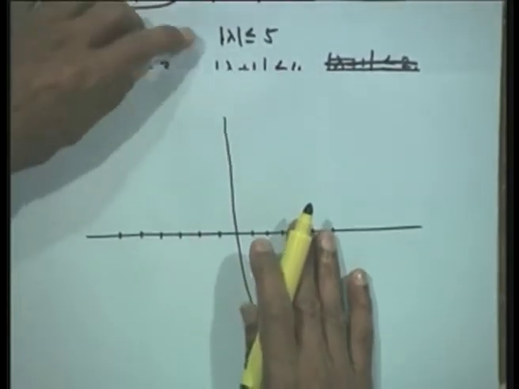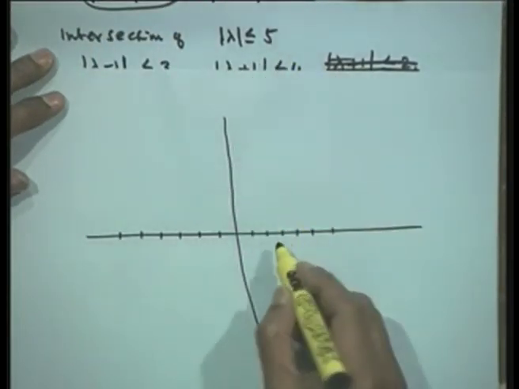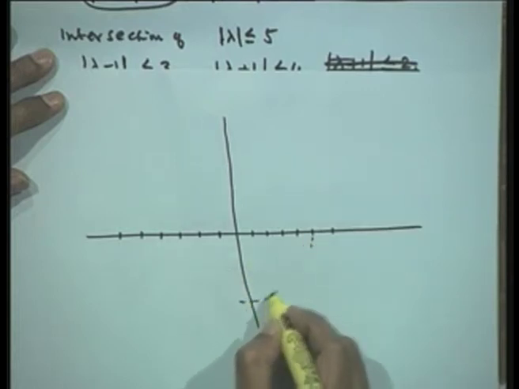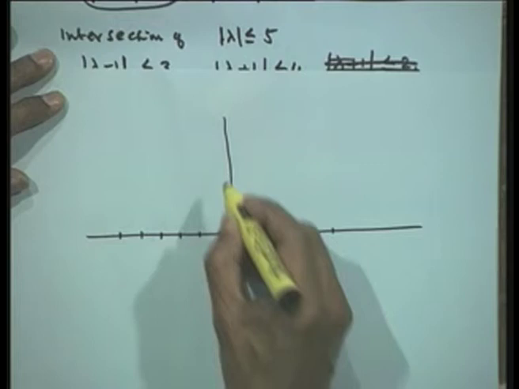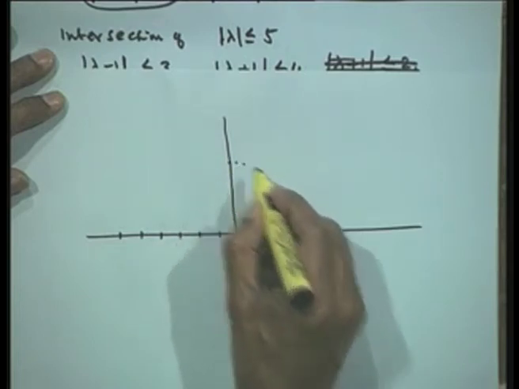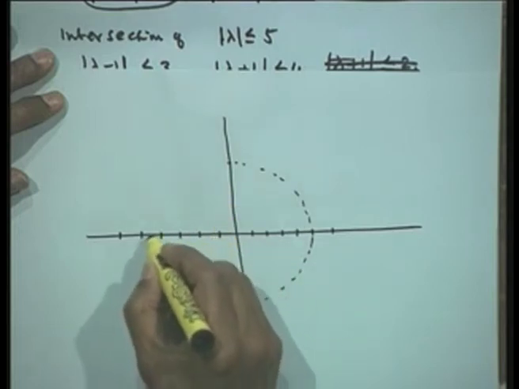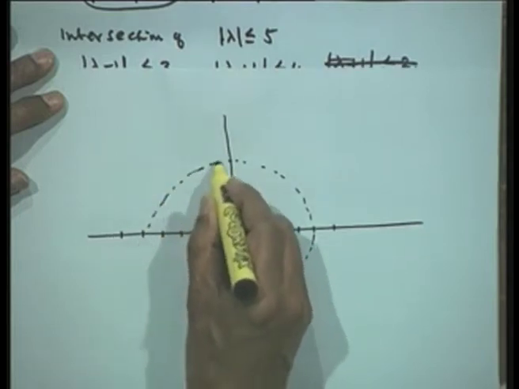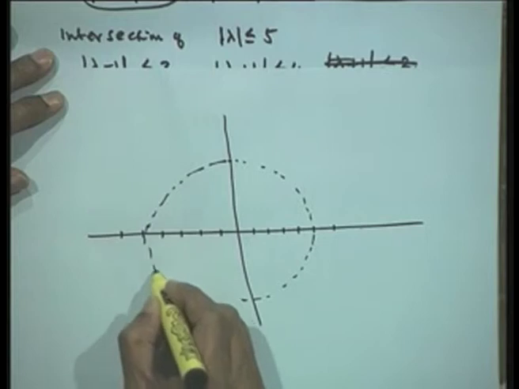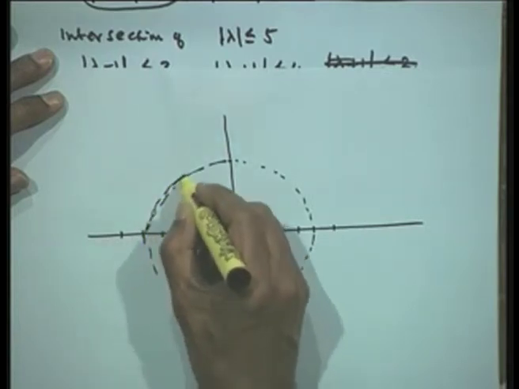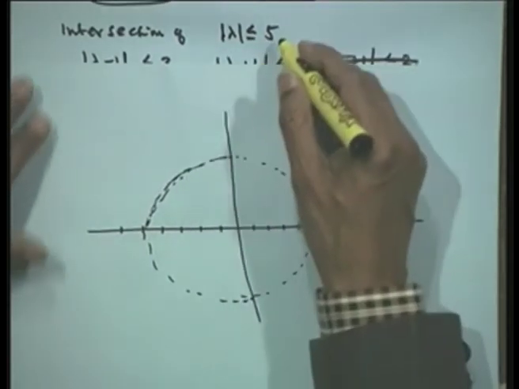The first one is a circle with center at the origin and radius 5. So, this is our circle, the first circle.